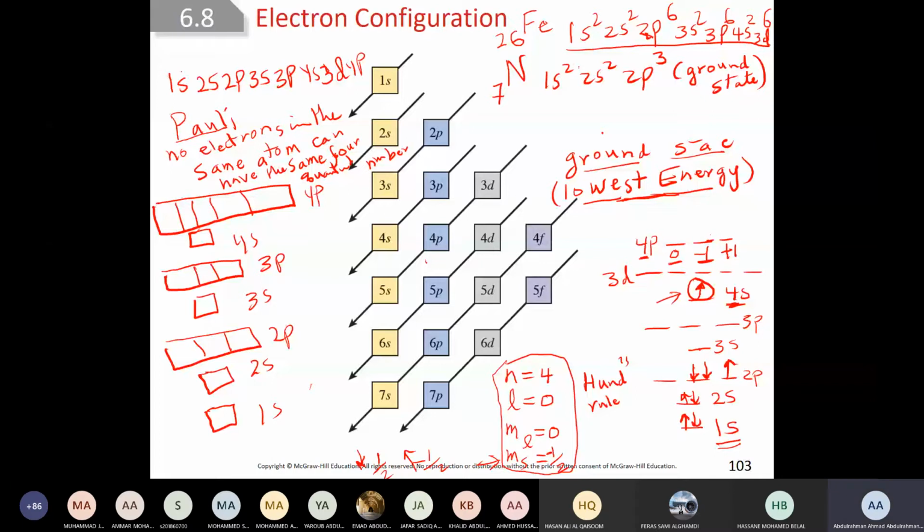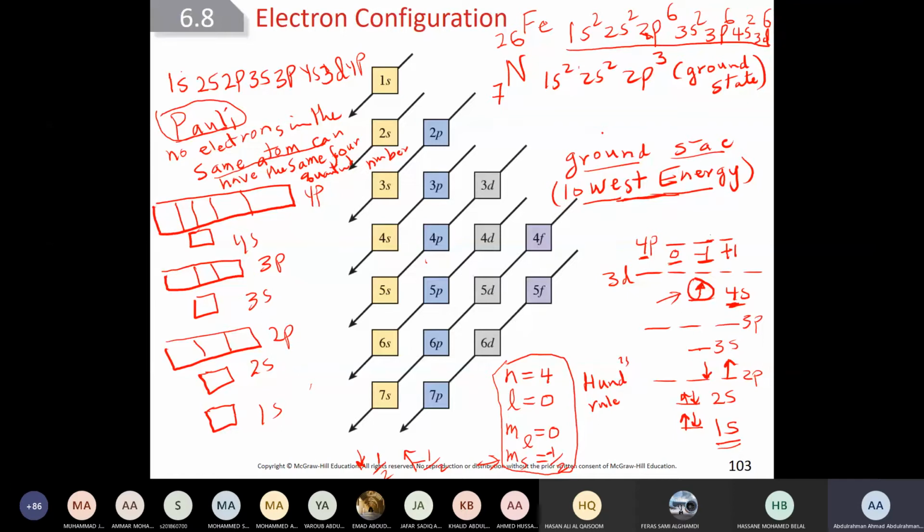No. Why not? We cannot have them like this. They must be in different directions, according to which law? The Pauli exclusion principle. Otherwise they will have the same 4 quantum numbers, which is not allowed. So this is a wrong structure. Is this clear?